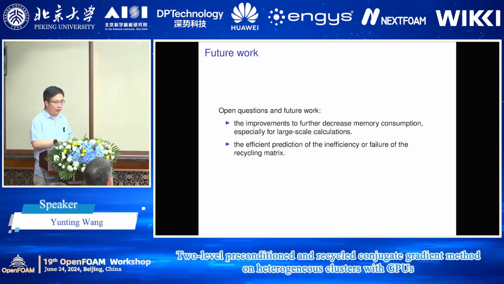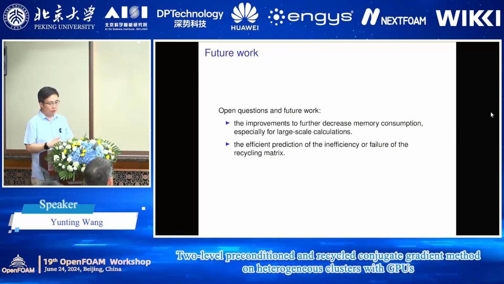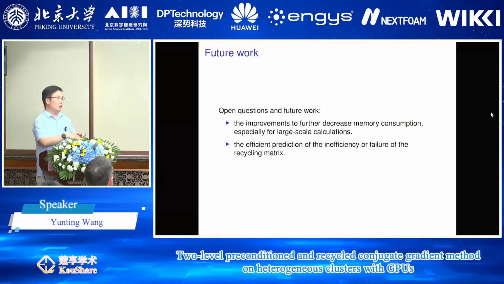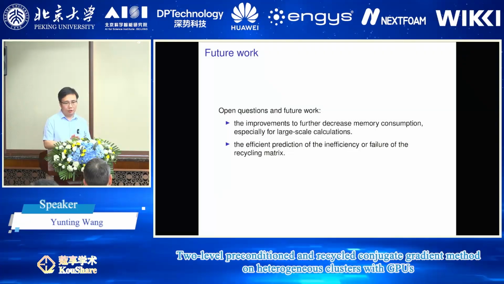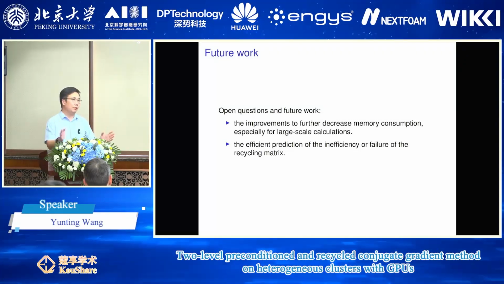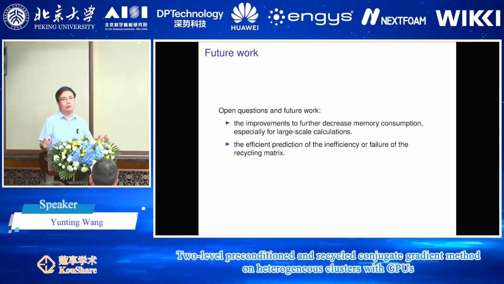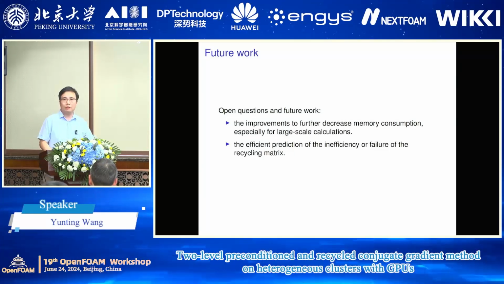I have nearly finished this talk. Our ongoing work and the open questions right now are these. Because we recycle all the search directions from the previous equations, the stored data can be very large. It's a dense matrix of very large size, so the memory consumption is very high.